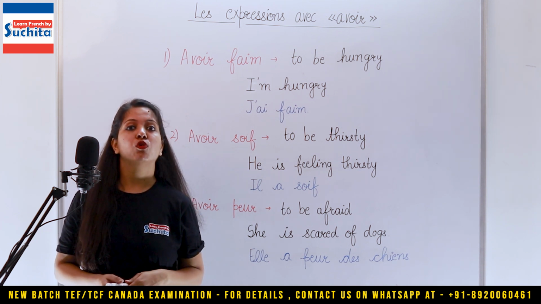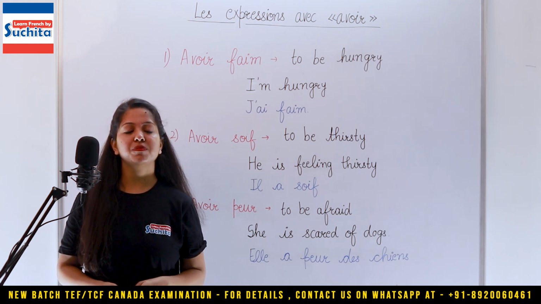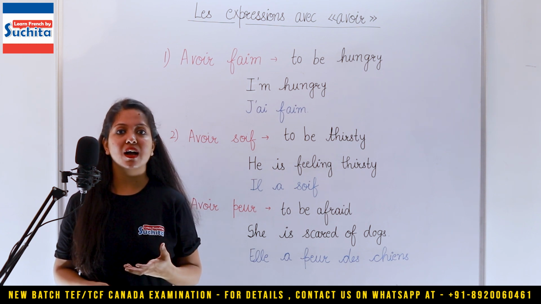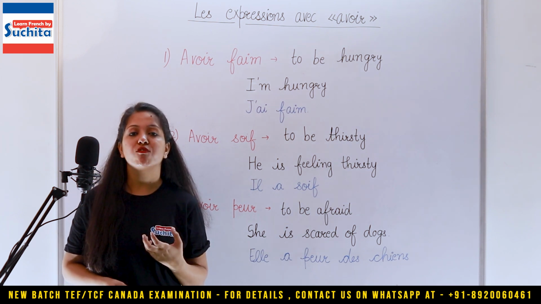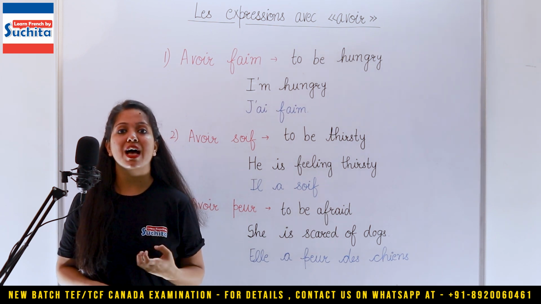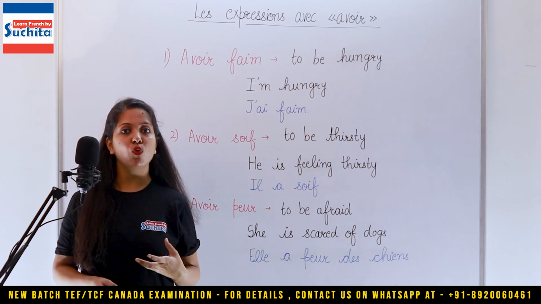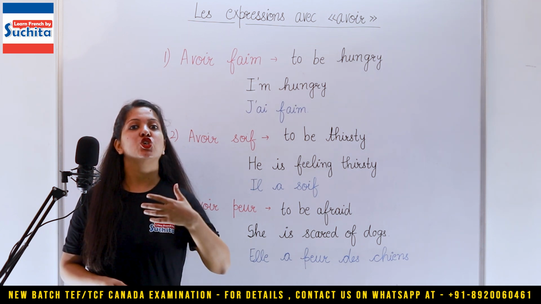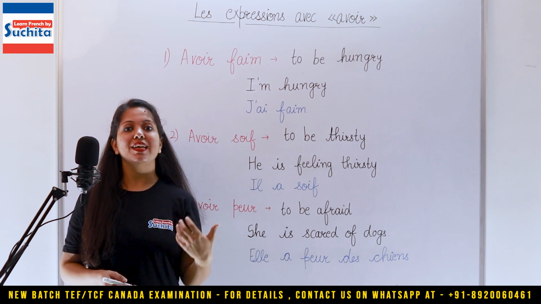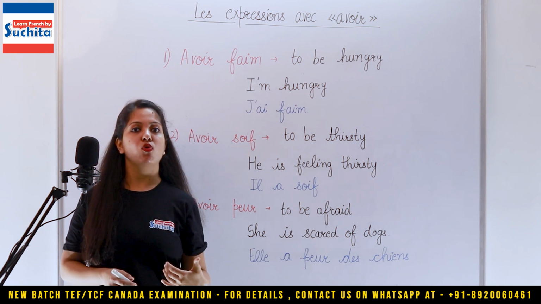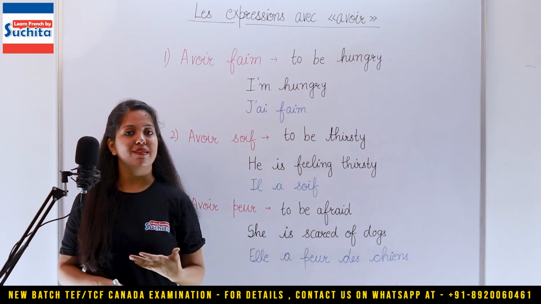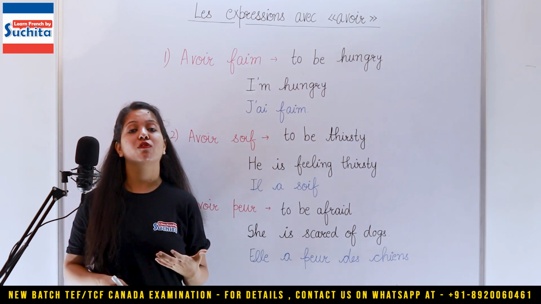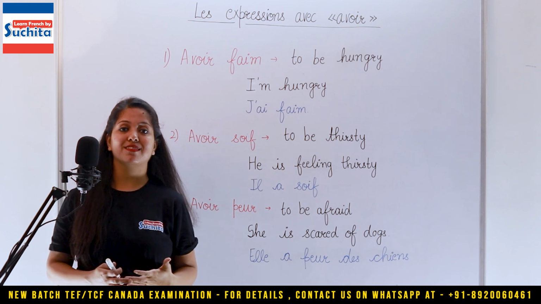J'ai, tu as, il a, elle a, on a, nous avons, vous avez, ils ont, elles ont. So this is the conjugation of the verb avoir in the present tense.